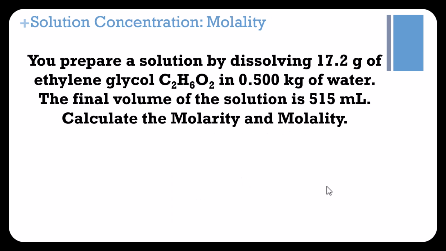So you prepare a solution by dissolving 17.2 grams of ethylene glycol in 0.5 kilograms of water. The final volume of solution is 515 milliliters. Calculate the molarity and the molality. If you'd like to challenge yourself, go ahead and pause this video and see if you can work it out. If not, I'm about to work it out with you.